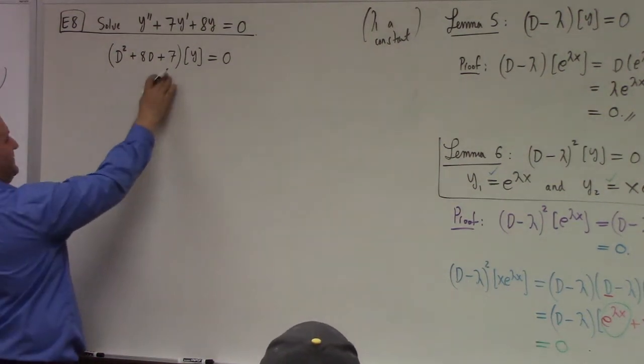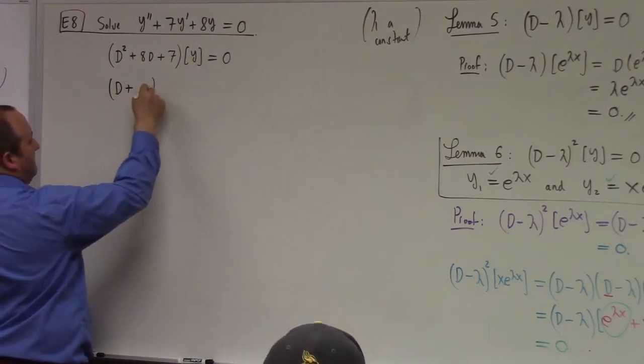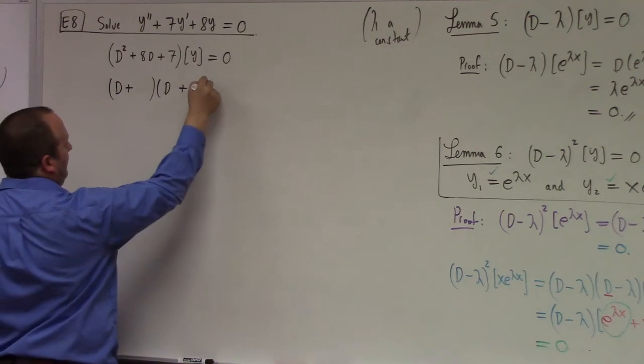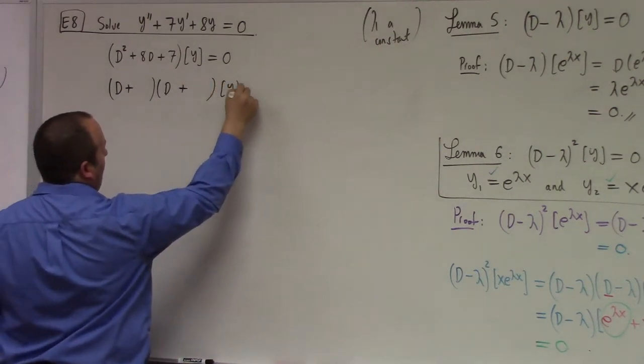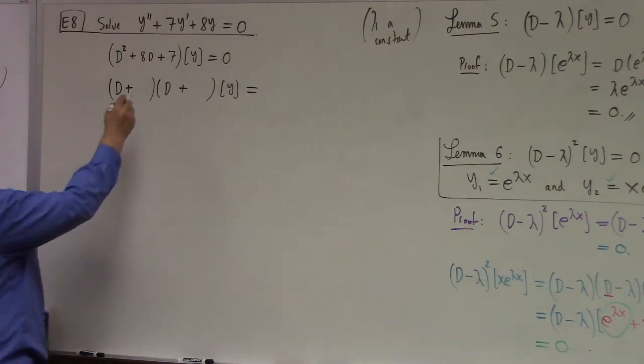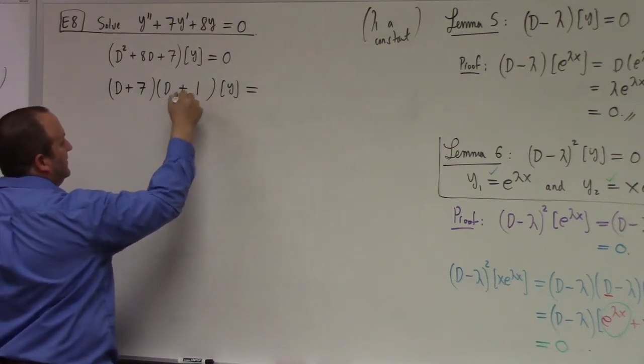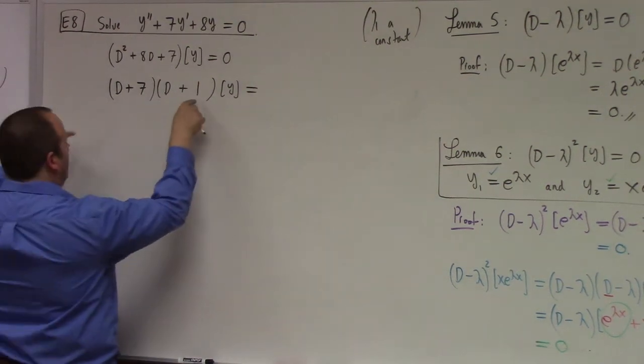See, because now I can factor, right? How do you factor? D plus what? What did I say? I heard a 7 and what? 1, right? You multiply it out, you get a 7 and a 1, so you get an 8.